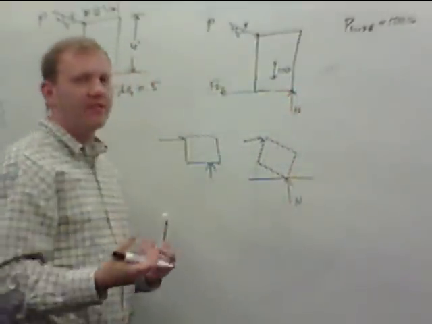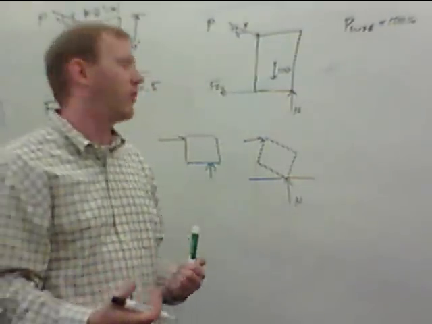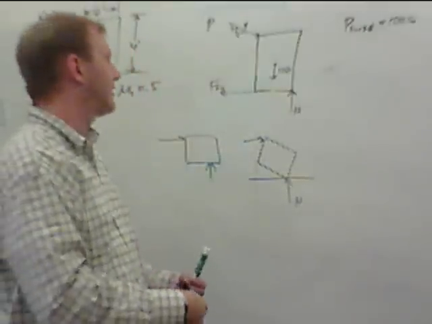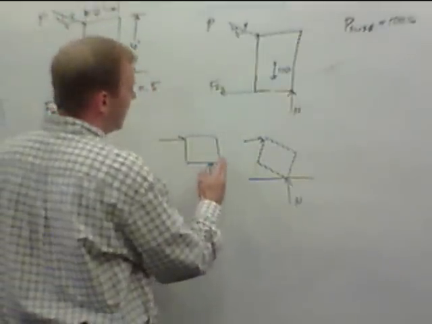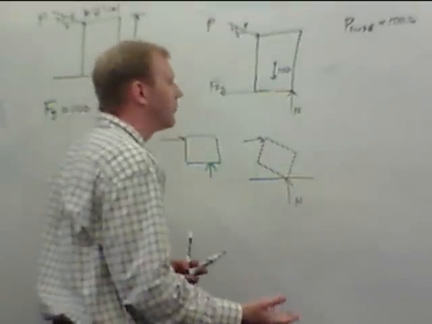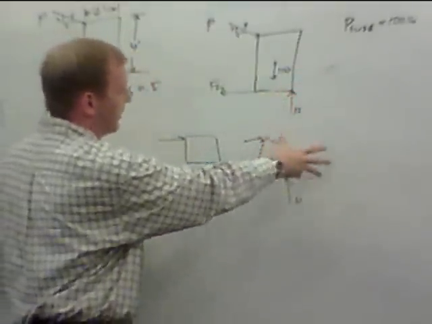That's an important detail. So when you start talking about something tipping over, the normal force is going to be applied at the point it's tipping about. Understanding how this moves is important, but for solving the problems, you really just need to know the normal force is applied at the corner that it's going to end up tipping about.